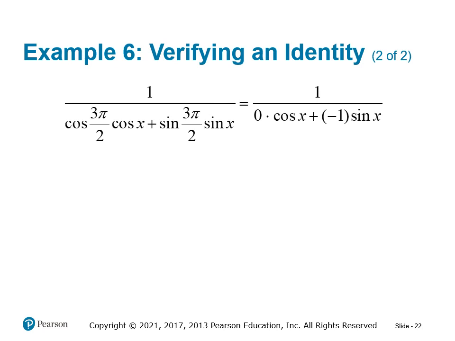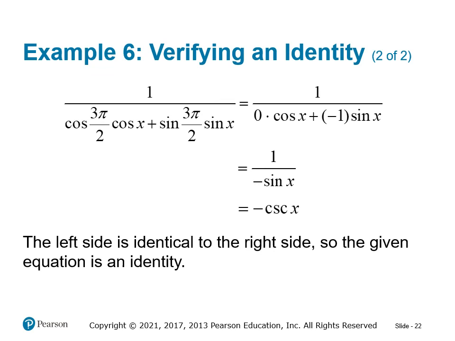Okay, so here we get 1 over negative sine of x, and of course 1 over sine of x is the cosecant, so we get this equal to negative cosecant of x, which of course is the same as the right side of the equation, and so the given equation is indeed an identity.